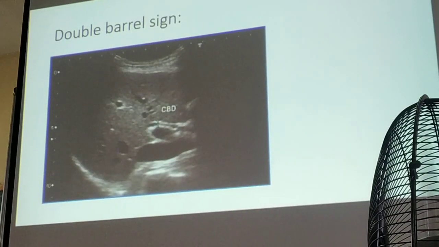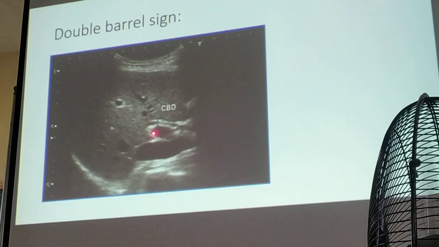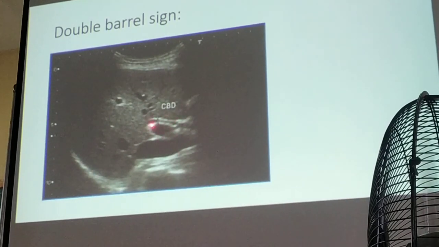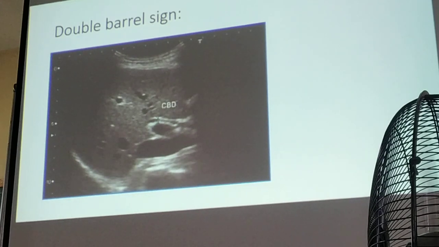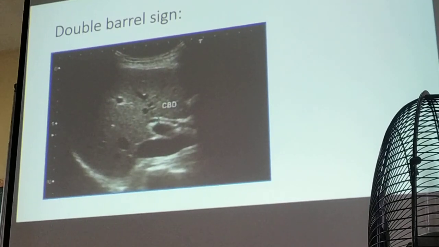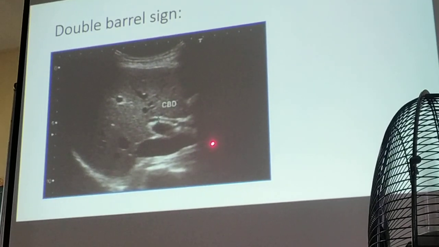Okay? This is the double barrel sign. So, the bigger one would be your portal vein, and the smaller one would be your CBD. Okay? Double barrel, ikinumpara sa gun. Okay?